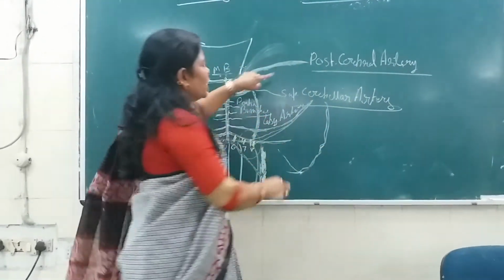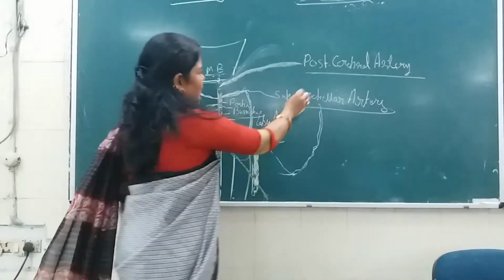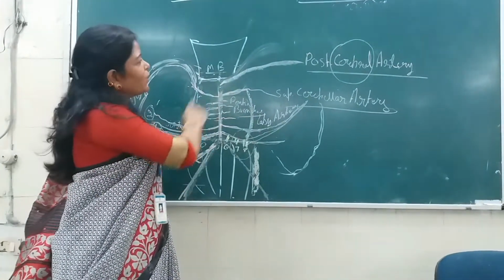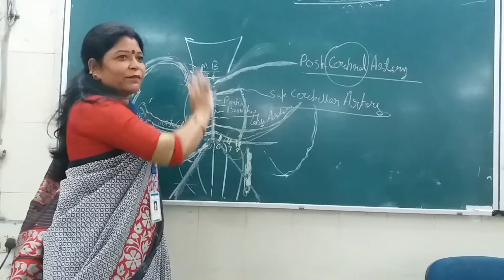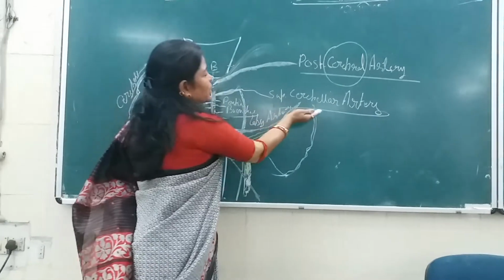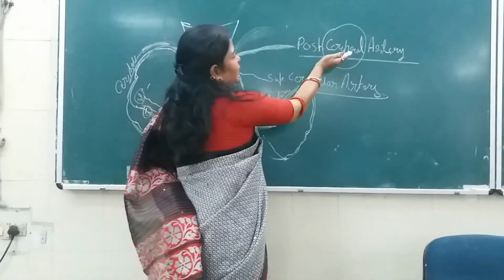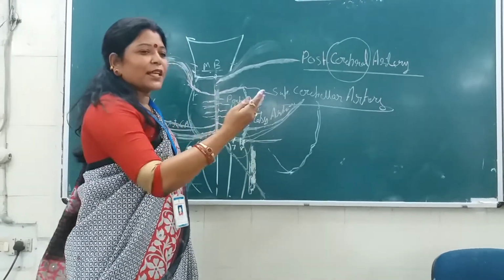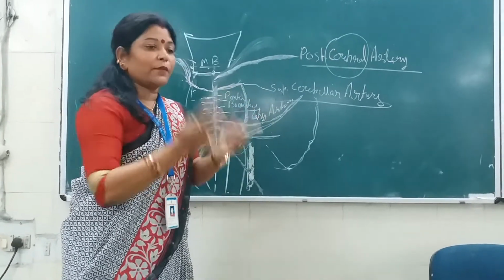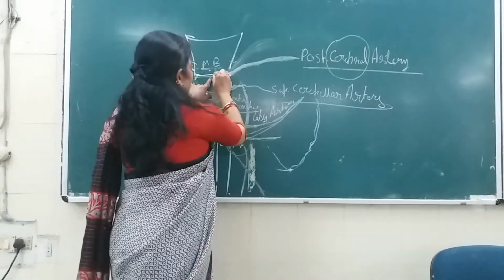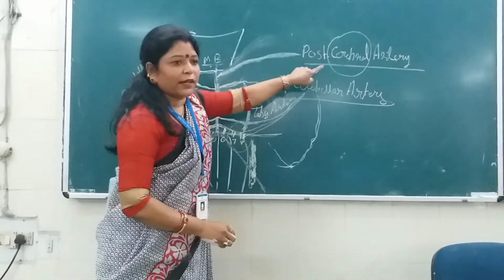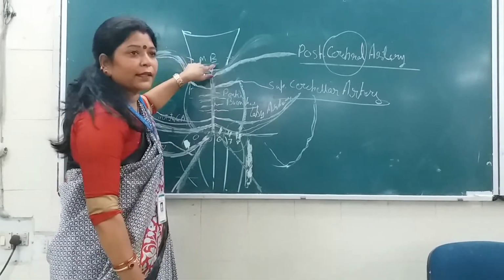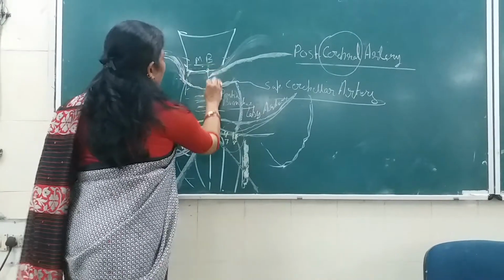Now the nomenclature here is cerebral. Look, all the nomenclatures are changing. As we move upwards from the cerebellar, the nomenclature has changed to cerebral. Now we will discuss the blood supply of the cerebral hemisphere, and this branch, the posterior cerebral artery, arises from the basilar artery at the junction of the midbrain and the pons, towards the upper border of the pons.